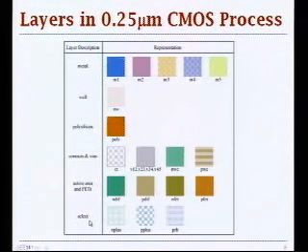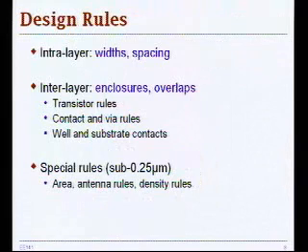Okay, so now once you understand what layers are available to you, then you can do various things and create your circuits. But it's very important that you understand the design rules that are provided to you by the technology. And we primarily differentiate between two types of design rules.